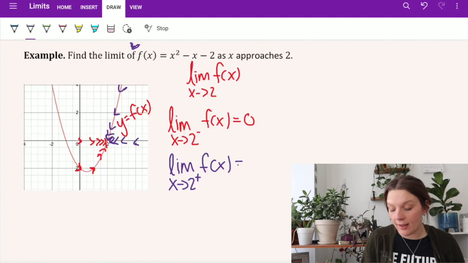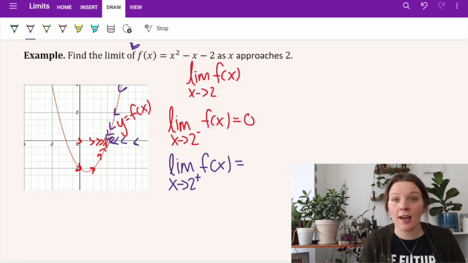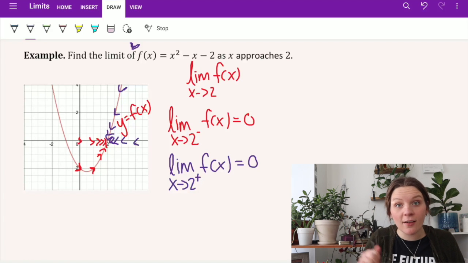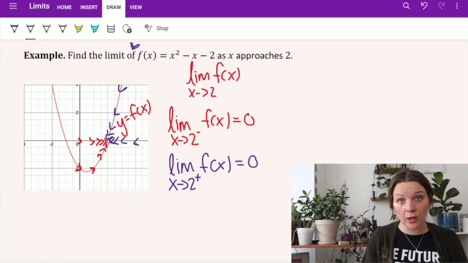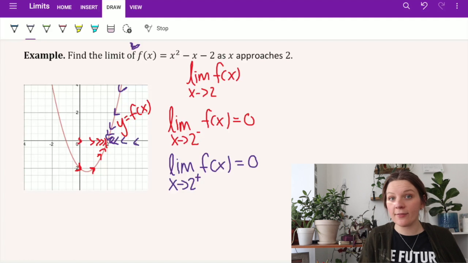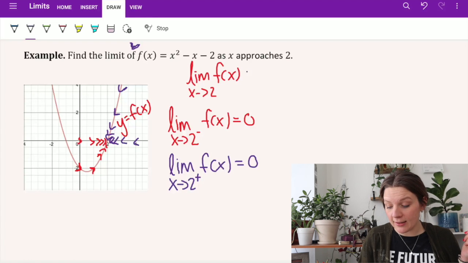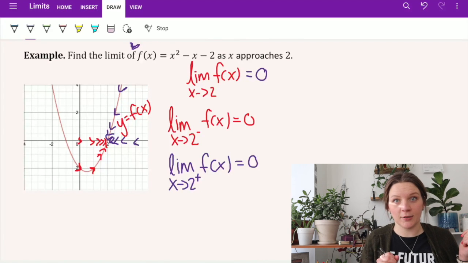And so we say that the limit of f of x as x goes to 2 from the right is equal to 0. And so we can say that the limit of f of x as x goes to 2, because it's equal to 0 from the left-hand side and it's equal to 0 from the right-hand side, is equal to 0.